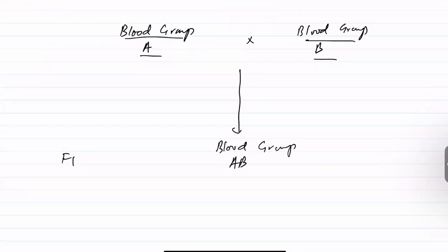And this is codominance. We will write the genotype of this as IAIA as it is homozygous, and this as IBIB. So all gametes produced in this will be IA type, and in this it will be IB.